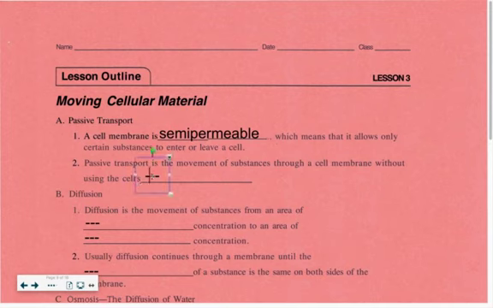Passive transport is the movement of substances through a cell membrane without using the cell's energy. So if it doesn't use any energy, it's passive.